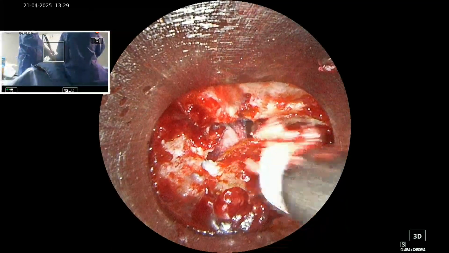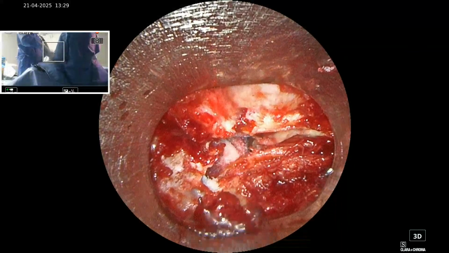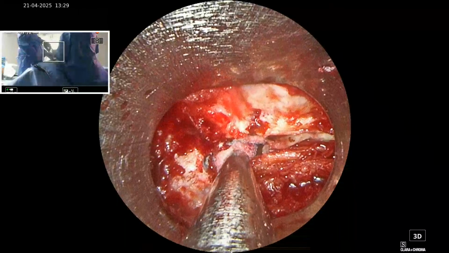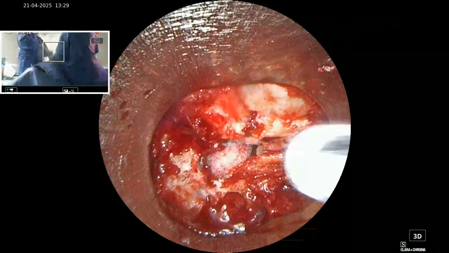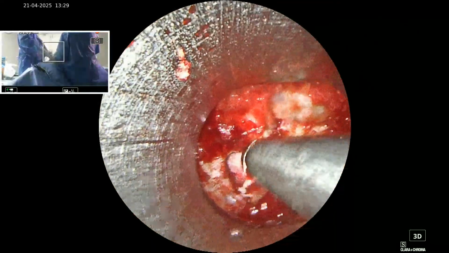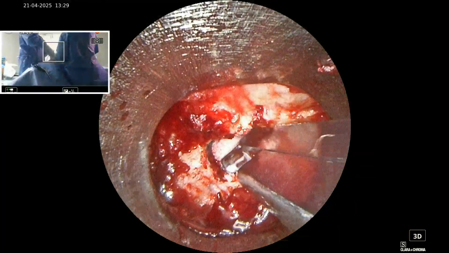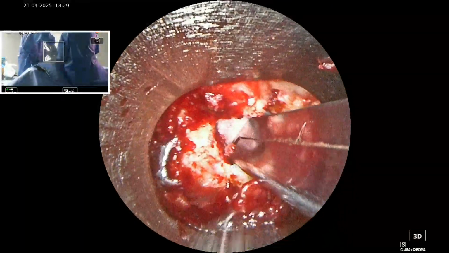These are the hypertrophic portions of the bone at the facet. So that's why the foramen. So the foraminotomy is required to decompress the nerve root. There's a lot of hypertrophic bone here.